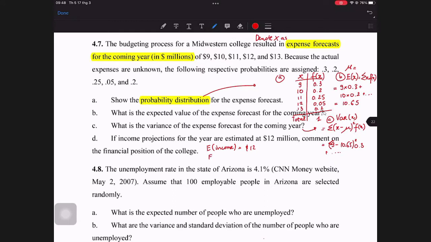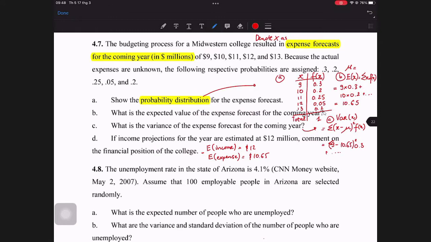And then we have the expected expense we calculated in part A as 10.65 million. If you take the difference between the income and the expenses, you can see that what the college earns is higher than what it has to spend for the coming year.